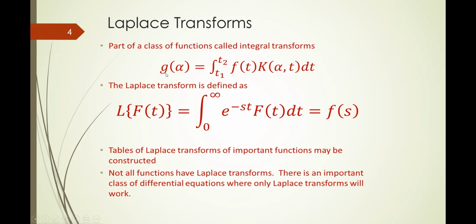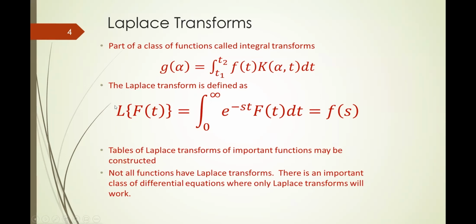For example, you have this. G of alpha is equal to the integral from t1 to t2 of function of t, k of alpha and t, so this is another function of alpha and t, dt. So typically, the Laplace transform is written in this form, the second one.